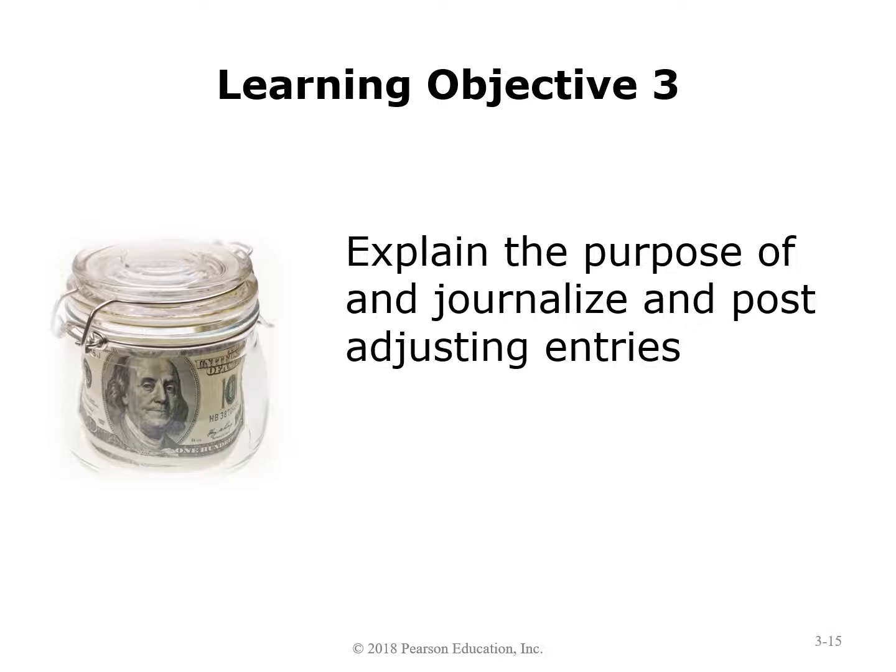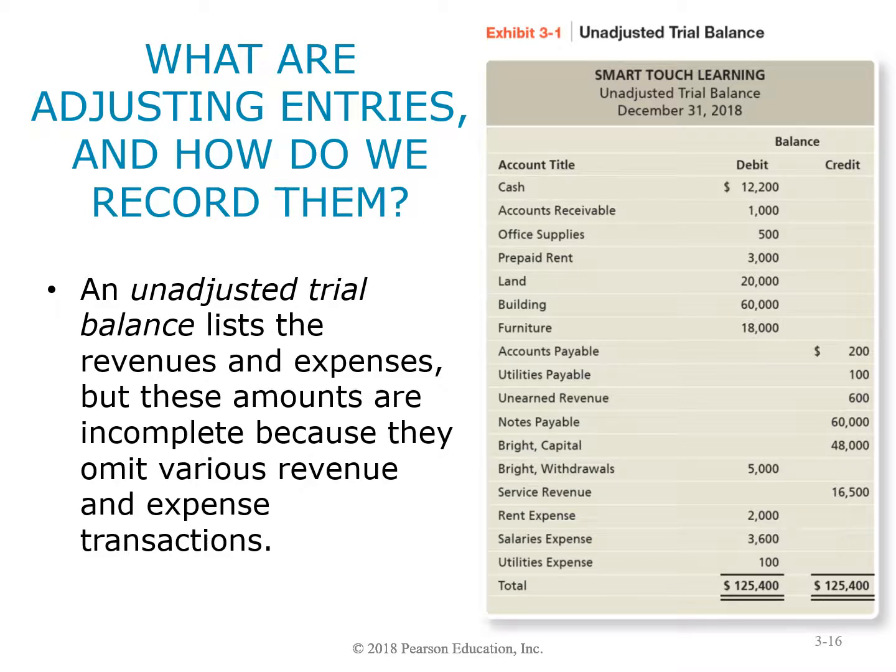Alright, so now we're going to talk about journalizing and posting the adjusting entries. So we start with the unadjusted trial balance. That's the trial balance after you made your daily transactions. But they don't show the whole picture. Certain entries need to be updated.